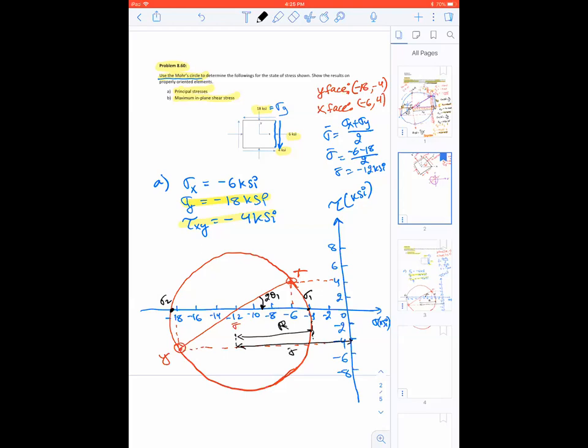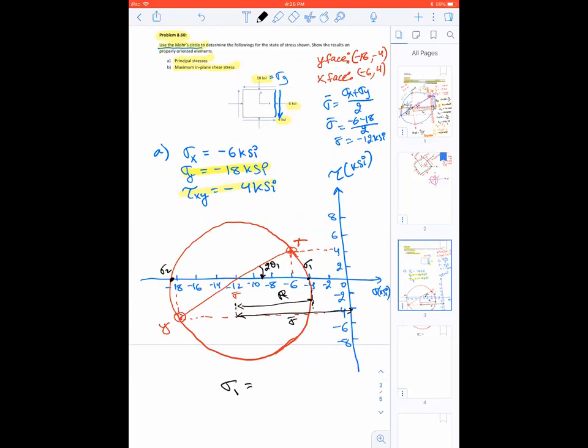So your sigma 1 will be, okay, we have to subtract, right? We can see that it's going to be a negative number. So definitely we're going to put sigma bar plus r. So we need to know the radius r.